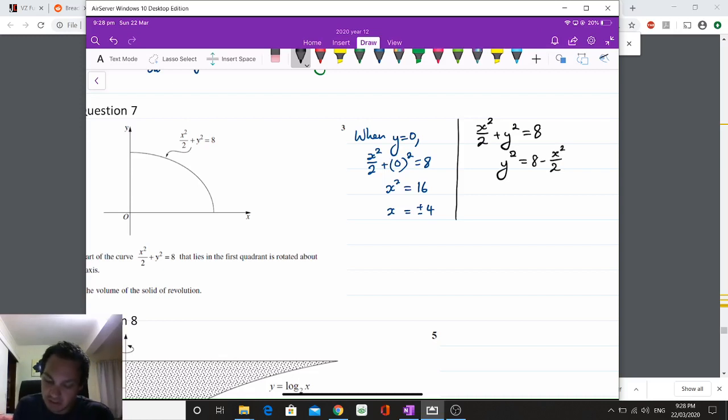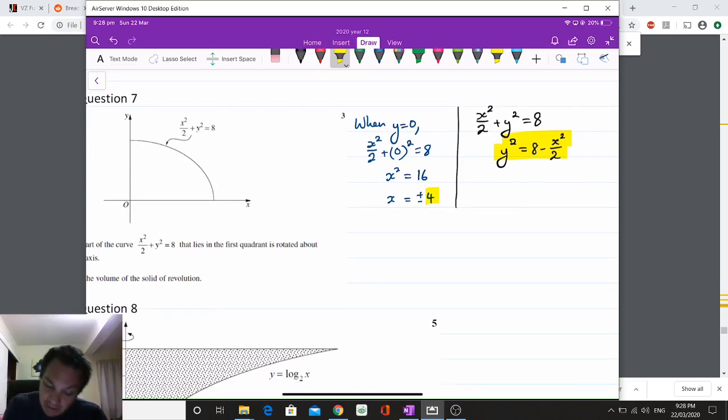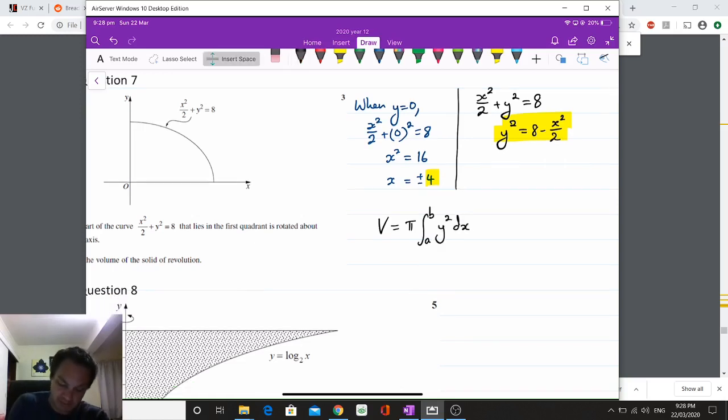So we're going to use these two things: x is equal to 4 and y squared is equal to 8 minus x squared over 2. And we're going to sub it into V is equal to pi by the integral between a and b of y squared dx.